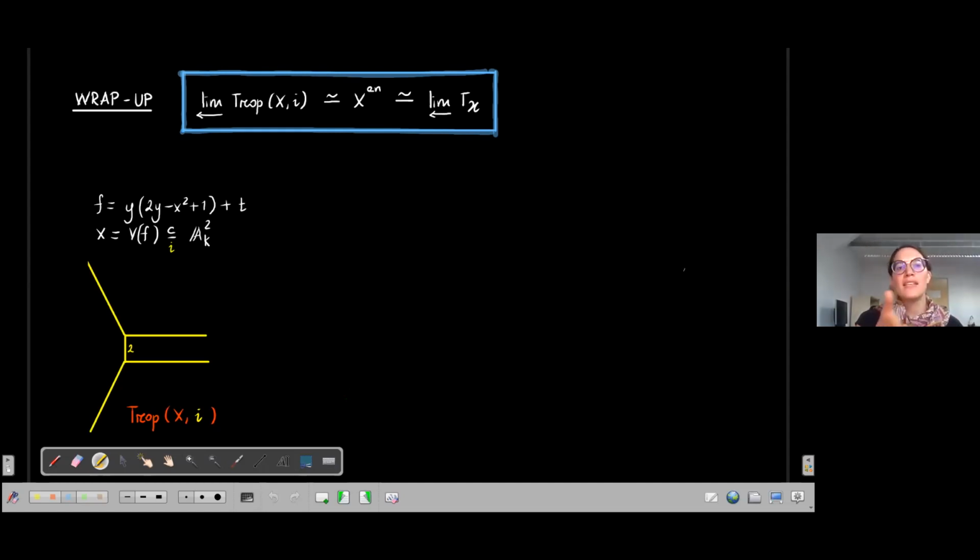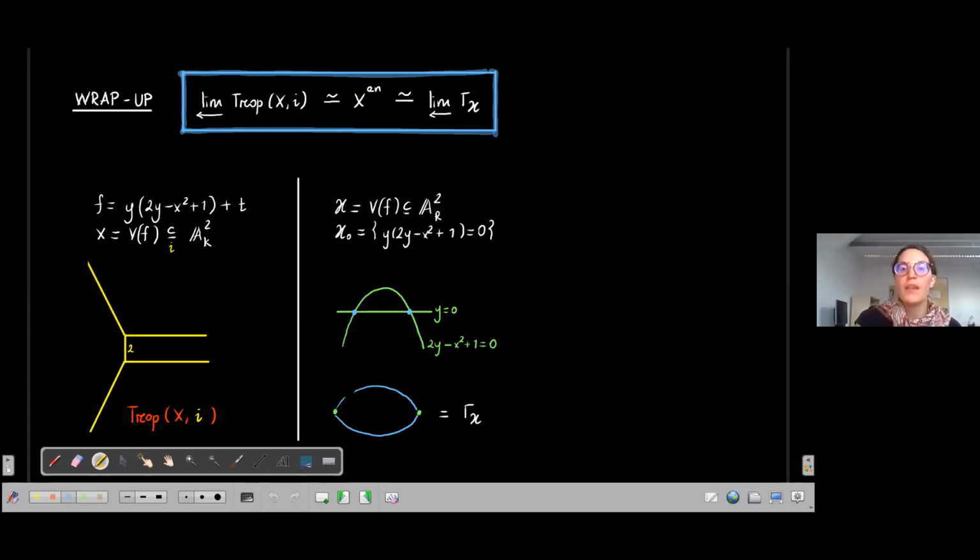But then let's see the model associated. Using the same equation f, we can also associate a model. This model will have a special fiber. We just put t equals 0, and we're just left with the remaining part of our f. And we see that this is given by y equals 0, that is a line, and then a parabola.